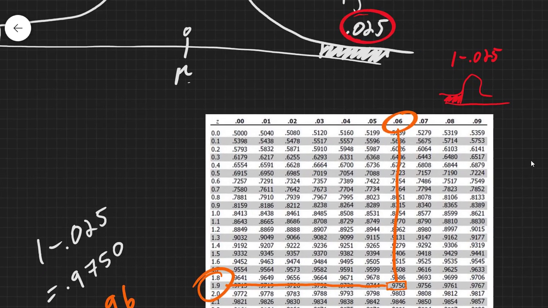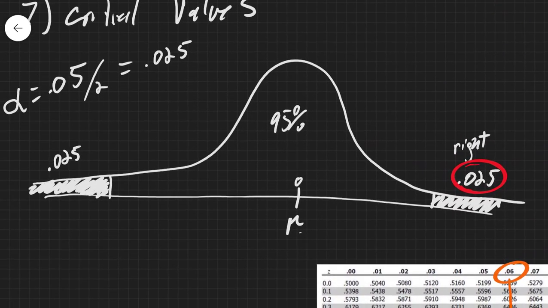If I go back up to the drawing I just made, this z sub 2 is 1.96. Because this is symmetrical, the other one is negative 1.96. You can work the one on the left or the right, it doesn't matter. 1.96 is our critical values.